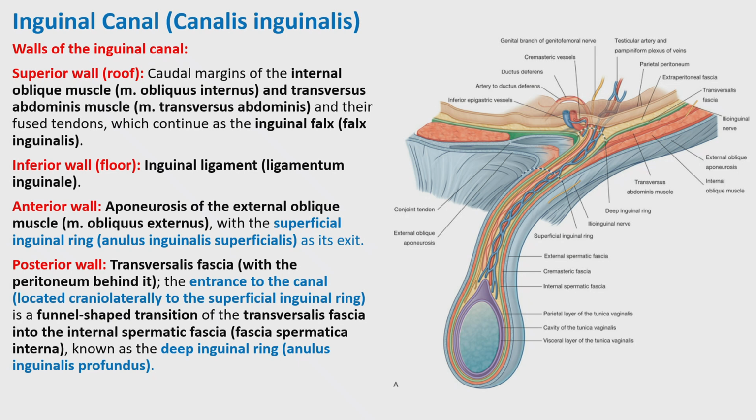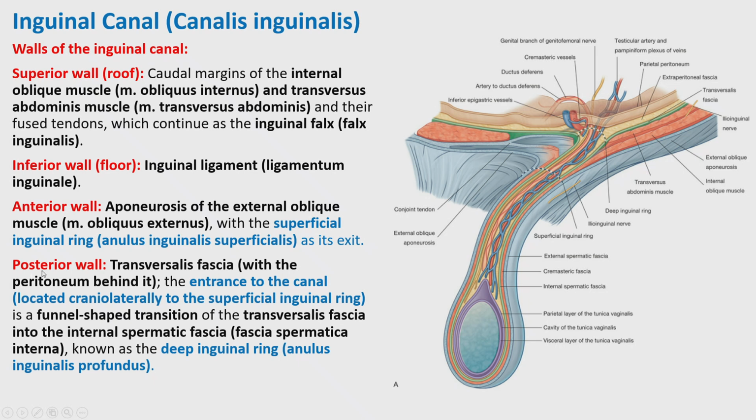And in this anterior wall, you can find the superficial inguinal ring or annulus inguinalis superficialis, which is the exit of the inguinal canal.